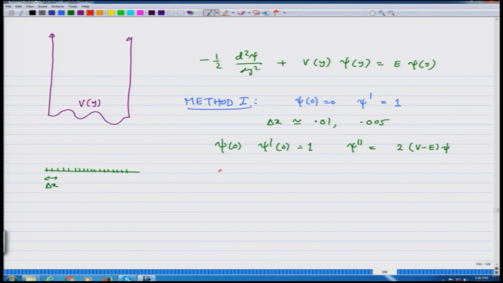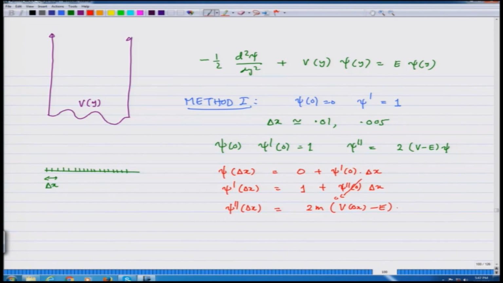Then I have psi at delta x would be 0 plus psi prime at 0 times delta x. Psi prime at delta x is 1 plus psi double prime at 0, which is 0 right now, times delta x. And now I can write psi double prime at delta x to be equal to 2 (V at delta x minus E) times psi at delta x. This is one cycle completed.